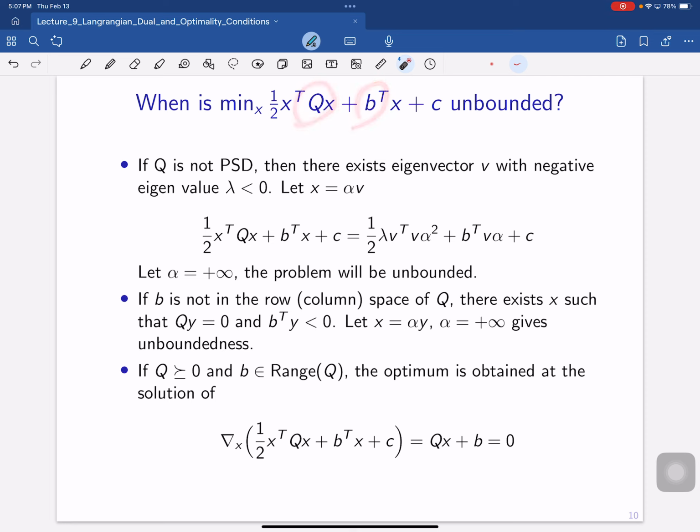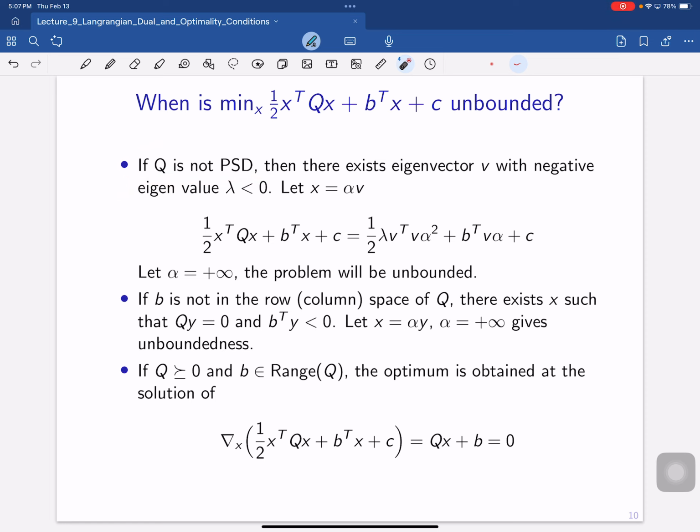The first question we want to think about quickly is, when is this problem unbounded? If you solve a minimization problem over a quadratic function, when is it unbounded? Unbounded meaning that the minimum is minus infinity. The easy case to think about is when Q is not positive semi-definite.